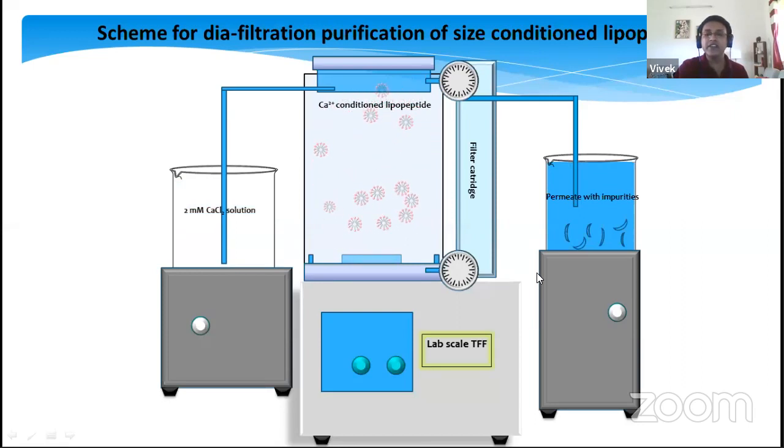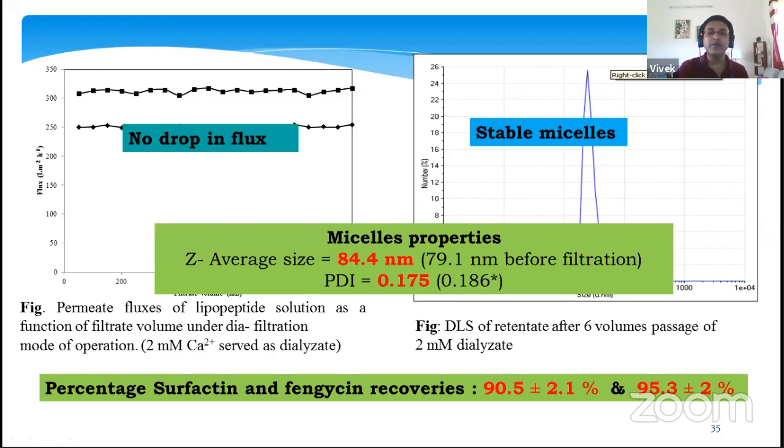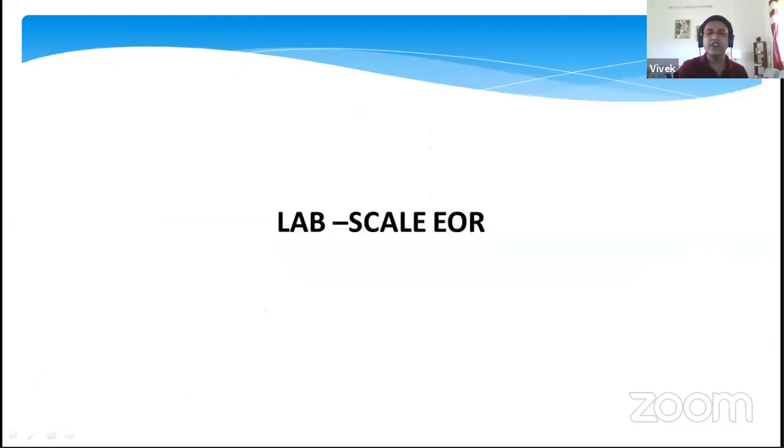So it's a very simple, single shot approach for the purification of micelles, and we were able to achieve this without any decline in the flux. The flux was almost constant. And over 6 volume passage of 2 millimolar dialysate, we are able to achieve the lipopeptide of 90.5% purity with respect to surfactin and 95.3% purity with respect to fengycin.